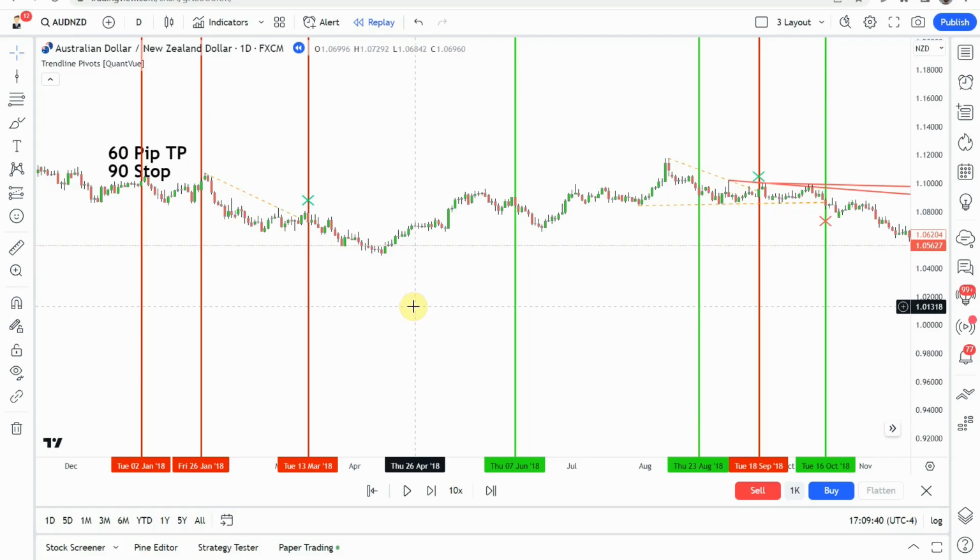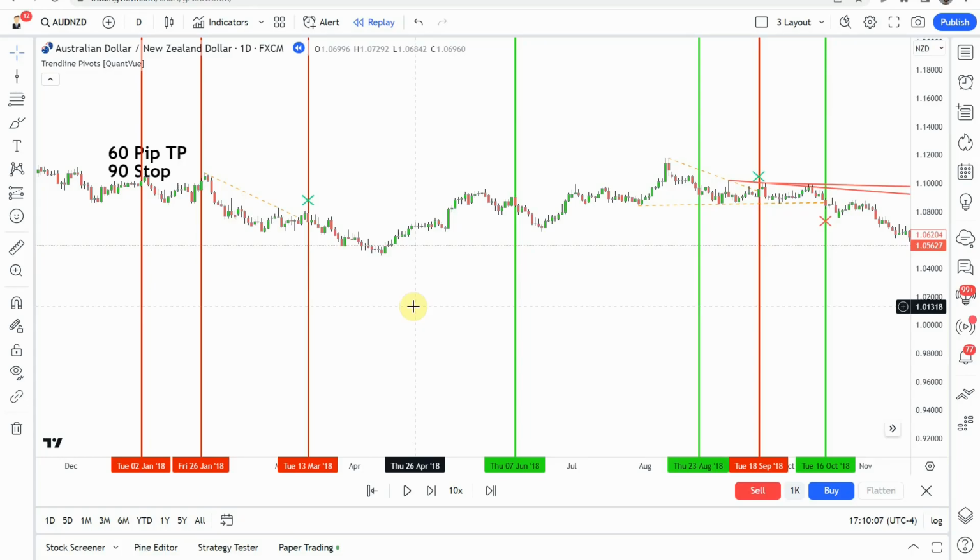Now, I do think there is some validity in this indicator as far as being able to kind of identify trend lines. I don't know how great the trend line actually works. I have to play with it a little bit more, but having an indicator that can auto-fill different trend lines and support and resistance areas can be extremely useful.